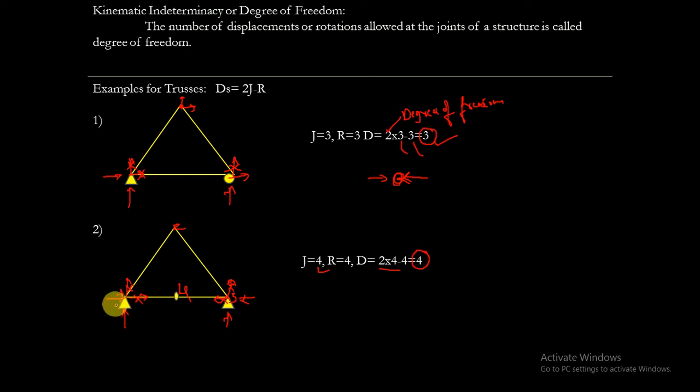As the movement is restricted, a reaction develops. Totally, at this joint it can move horizontally and vertically, so 2, and at this joint it also has 2 degrees of freedom. Therefore 2 plus 2 is 4. It has 4 degrees of freedom, so the degree of kinematic indeterminacy of this structure is 4.